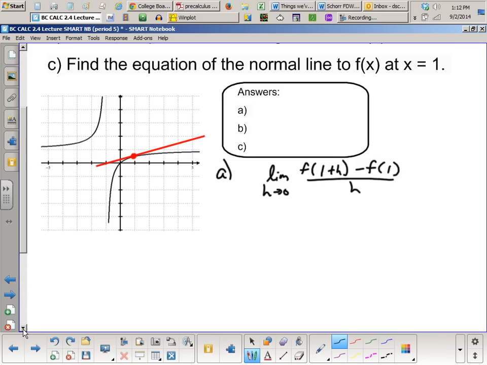The function was x over x plus 1. So it's going to look like this. 1 plus h over 1 plus h plus 1 minus 1 over 1 plus 1. And this is all over h with a limit out front.